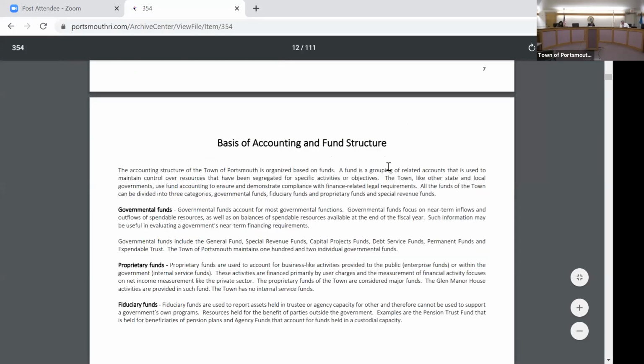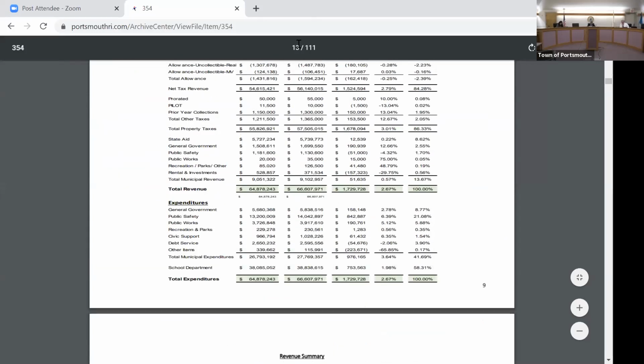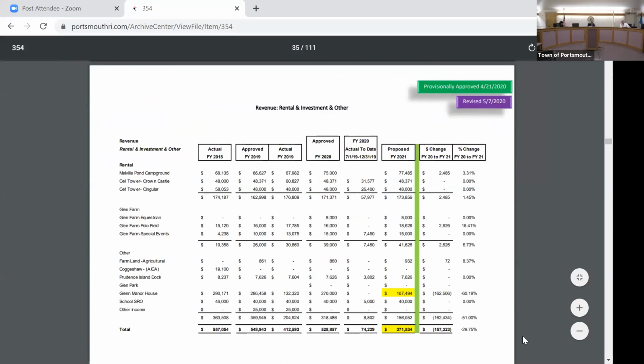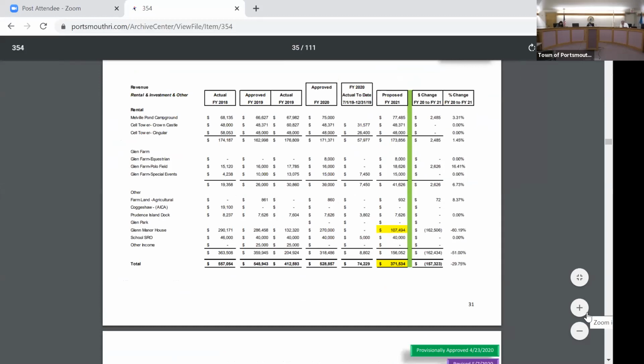Again, there's no vote required on this. If we can turn to page 31. So here on page 31, you can see the revision in projected Glen Manor House revenue.